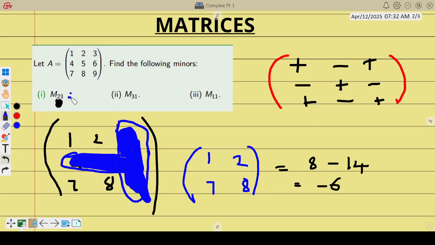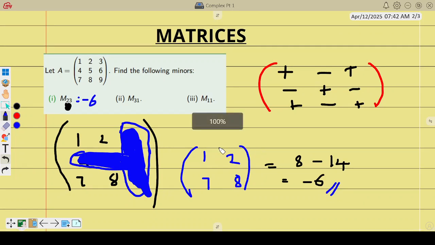M23 we found negative 6. That's our negative 6 there. So this is the minor. Let's not talk about the cofactors yet. The minor is negative 6. We have found the minor.